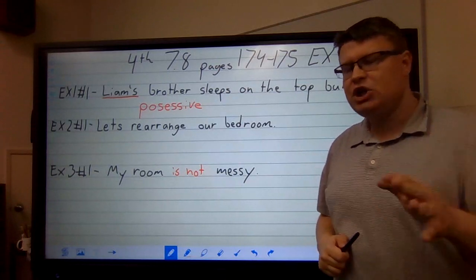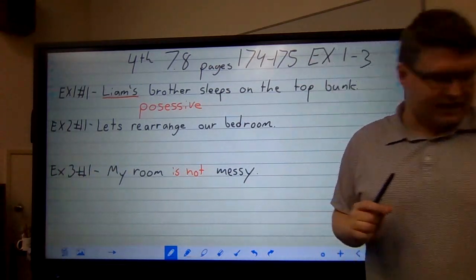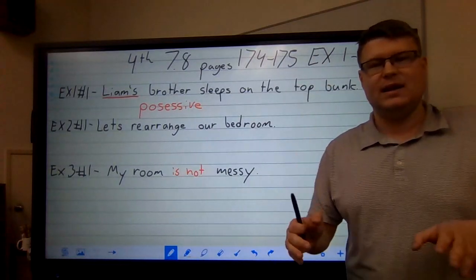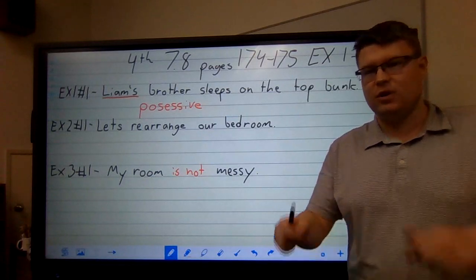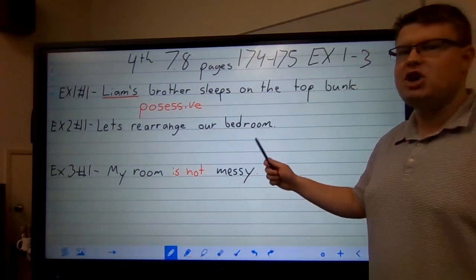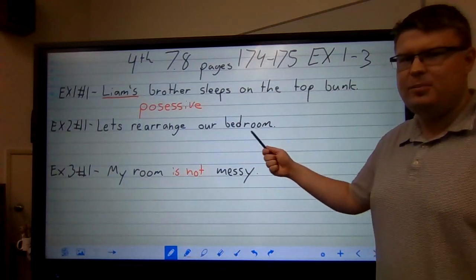For exercise 2, the apostrophes have been left out of the sentences. So what you will do is write the word correctly. You do not need to rewrite the sentence. You are just rewriting the word correctly. Let's rearrange our bedroom. Bedroom does not have anywhere to put an apostrophe.